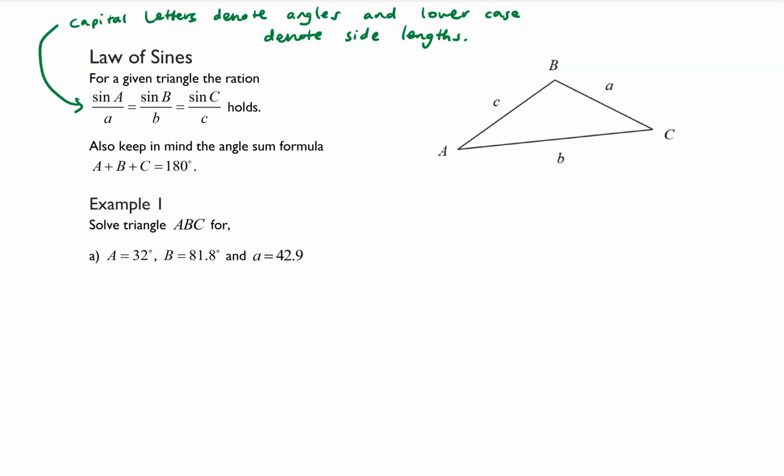example 1. It says solve triangle ABC, where angle A is equal to 32 degrees, angle B is equal to 81.8 degrees, and side length a is equal to 42.9 units. So it's nice that we have a triangle already drawn for us, so I'm going to fill this in and say that this is 32 degrees, this is 81.8 degrees, and then side length a is equal to 42.9.